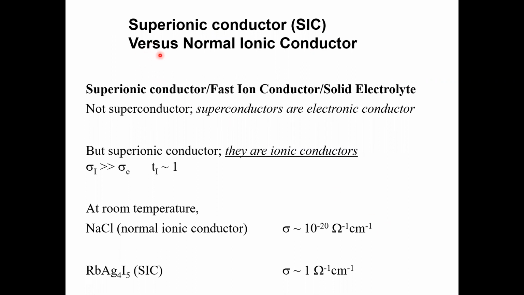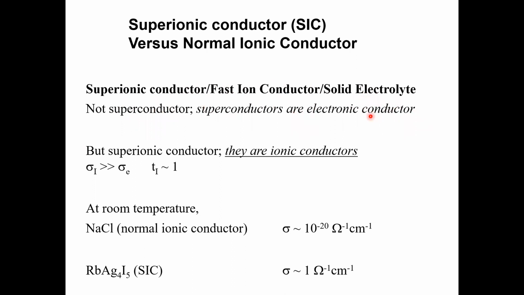If you do some comparison of normal ionic conductors versus superionic conductors, superionic conductors are referred to as fast ion conductors, or solid electrolytes. These are, by the way, not superconductors.